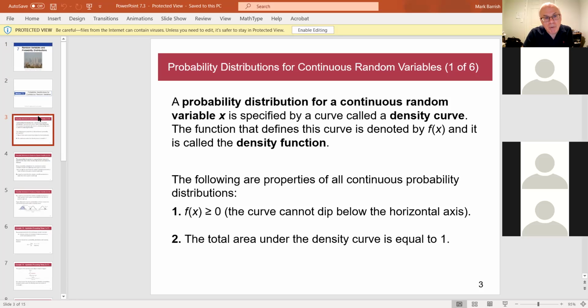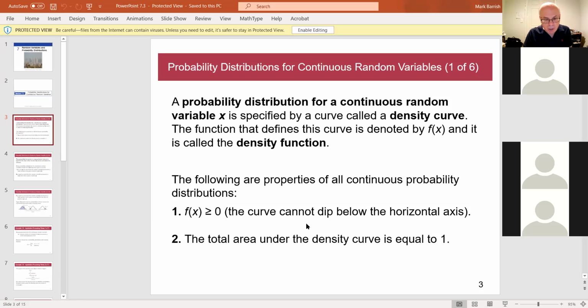So picture a curve, some sort of curve or shape, something you can draw on a graph. One of the properties of this function is that it's above the x-axis. It cannot go below the x-axis.